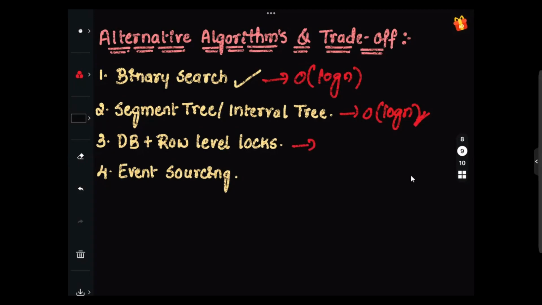The third one, we can consider an external database, DB plus row level locks. This is durable as well as scalable mainly. But we can expect an external dependency, so that is one of the cons.